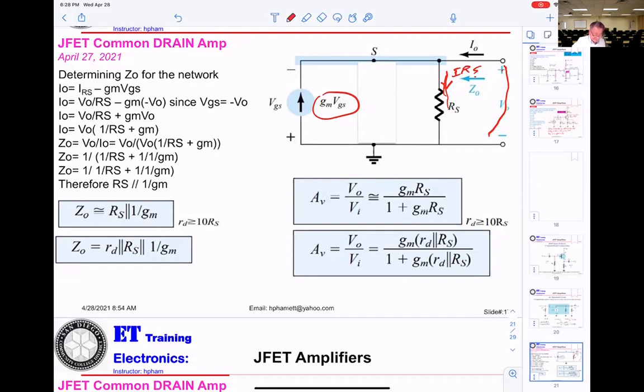Then you can follow in here. Finally, they get to the formula right here. Zout will be equal to RS in parallel with 1 over gm. And if you want to do a calculation, also include RD, there's a formula here that includes RD.